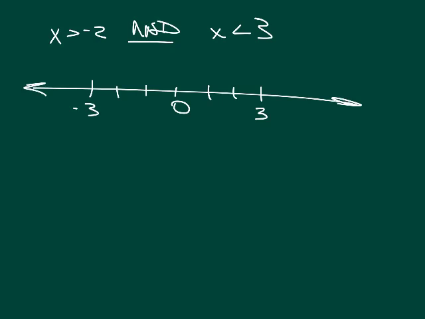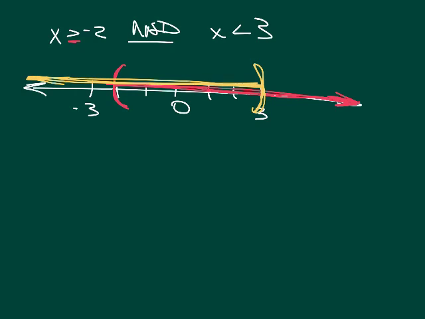The second way, okay, because it says greater. So it's going to be greater than -2, and it's going to go that way, right? Yep. Into infinity. The other one, we'll do this one in yellow, starts at is less than 3, so it's going to be open, and it's going to be this way into infinity.